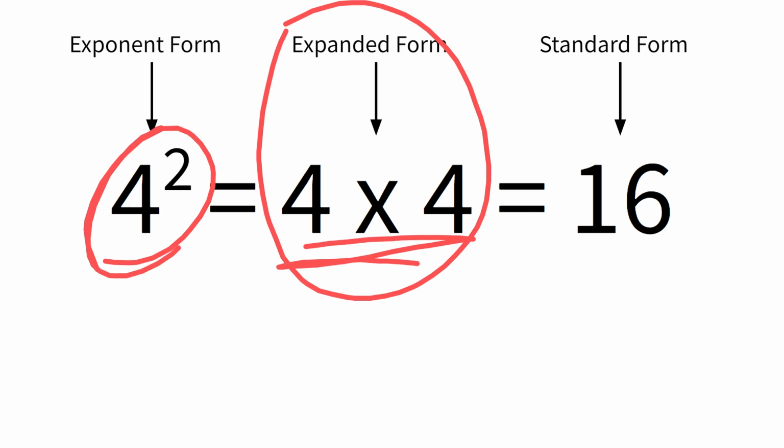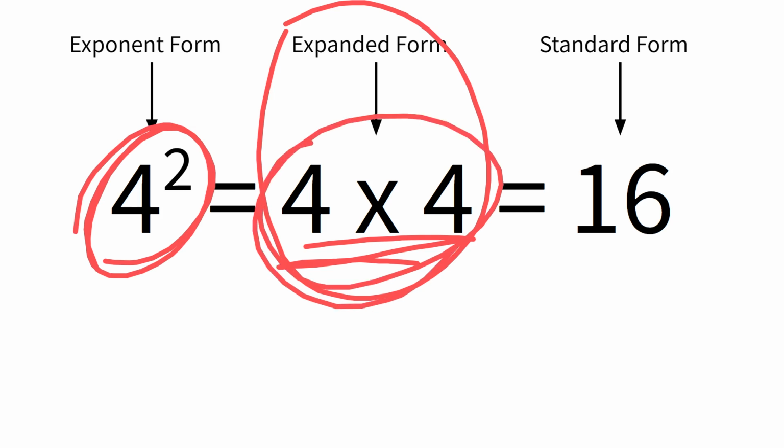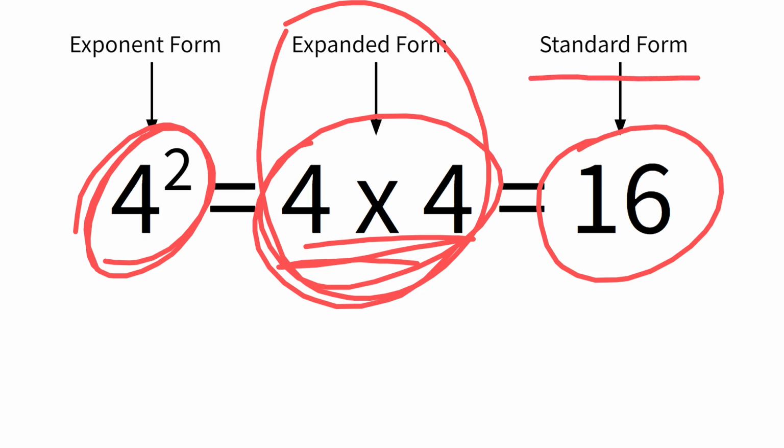Even if I don't know how to type in an exponent in a calculator or on Desmos, you can still type this part into a calculator, right? And then the answer that pops up is called the standard form. So again, we got exponent form, expanded form, standard form. That's going to come into play later on with other stuff. But for now, just know that that's what that's called, because you're going to hear it later on.